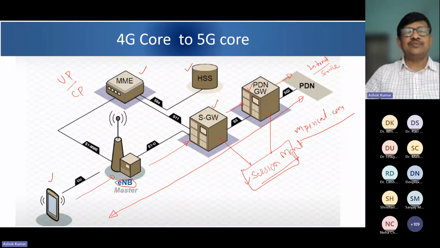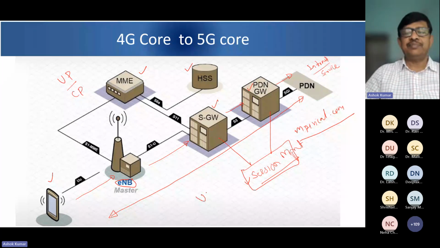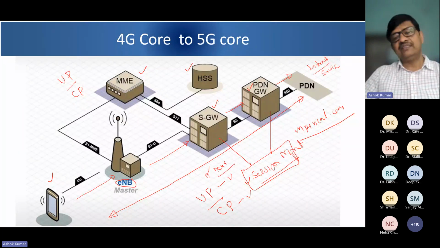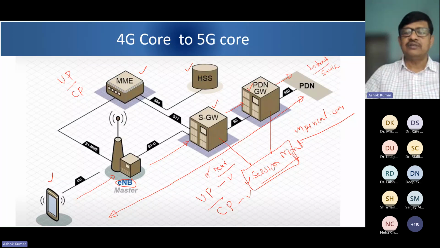Whereas the concept of 5G is that we will have a separate user plane and separate control plane, so that we can evolve both planes separately as per requirement, and I can put the user plane near to the user and also deploy edge network, a multi-access edge computing kind of network.